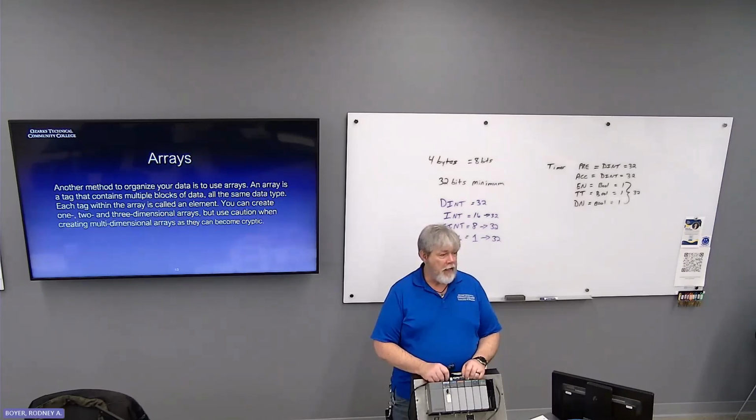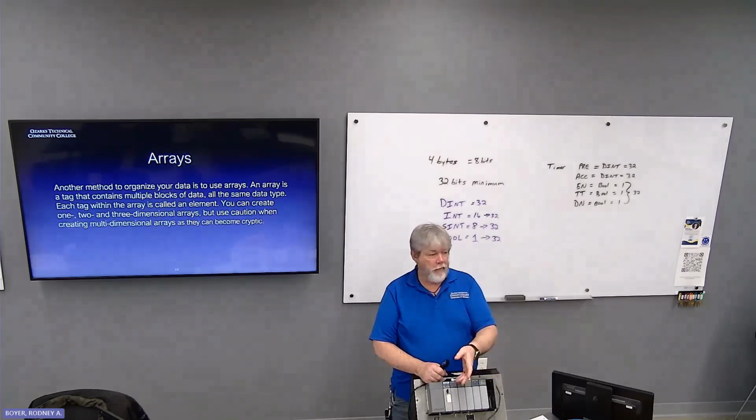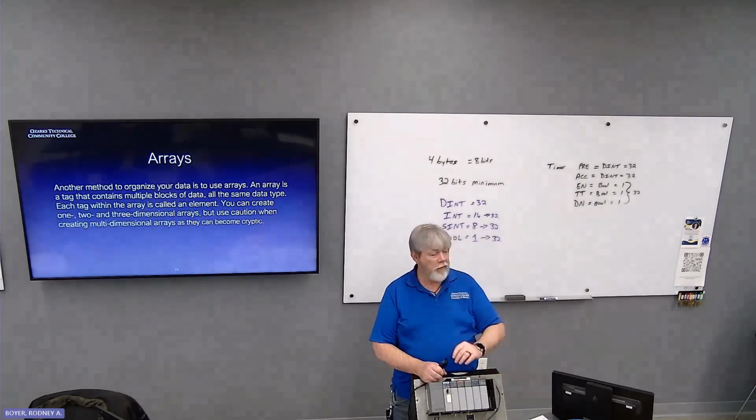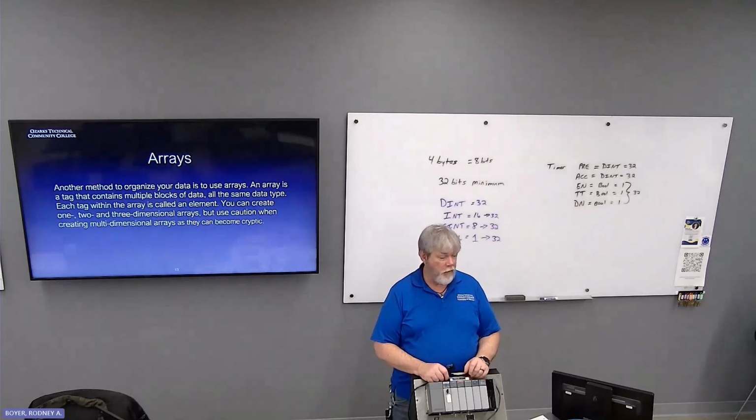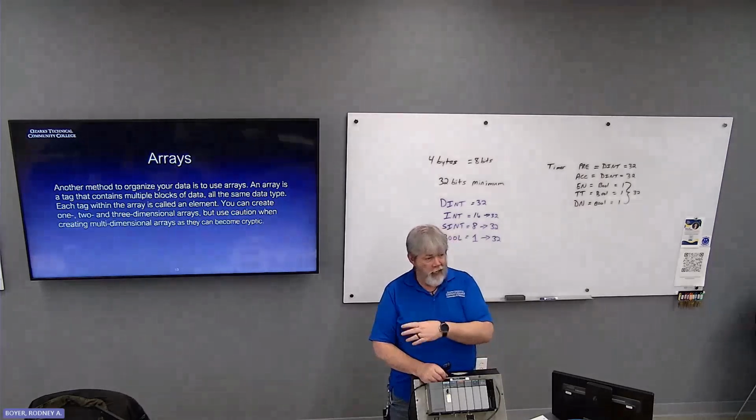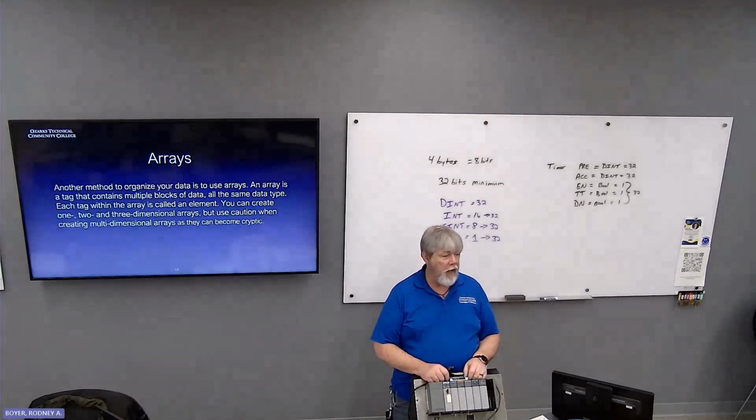They come in very handy for ingredients in a recipe. So, how many chocolate chips and how many pounds of flour, how many cups of sugar, whatever. You have all the same data for multiple items, then you just adjust the values in an array.